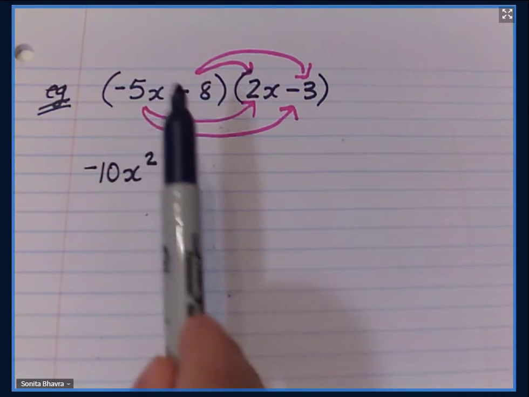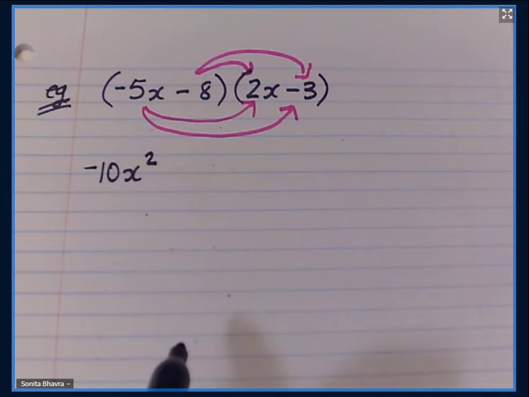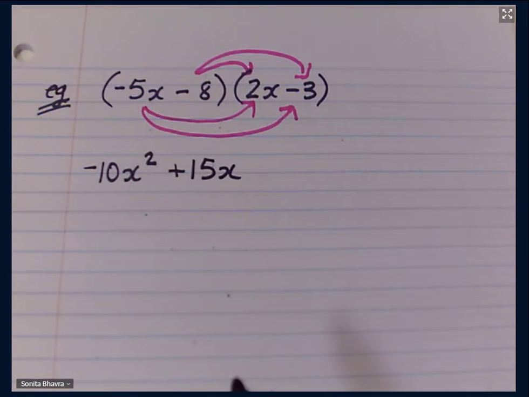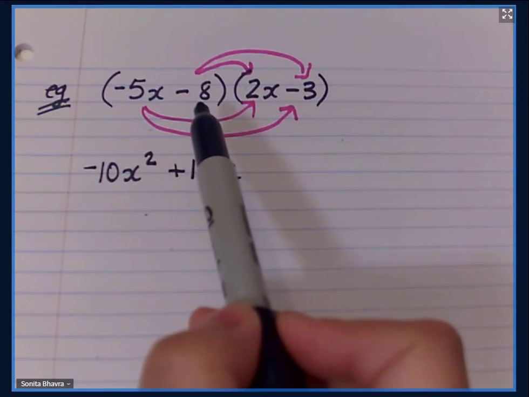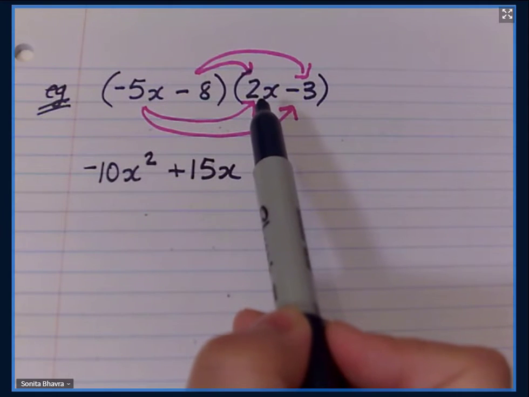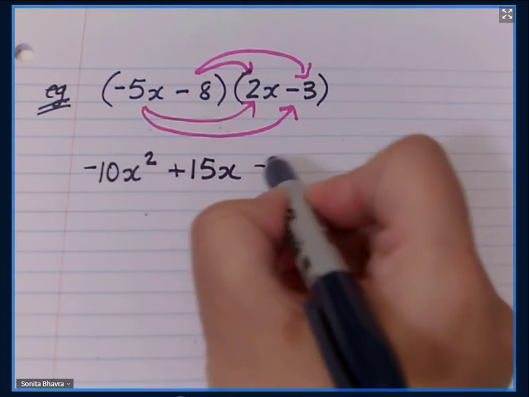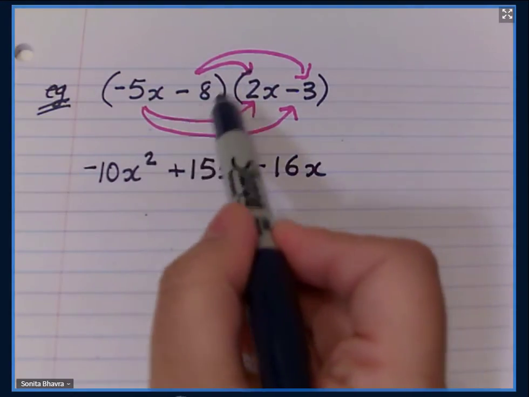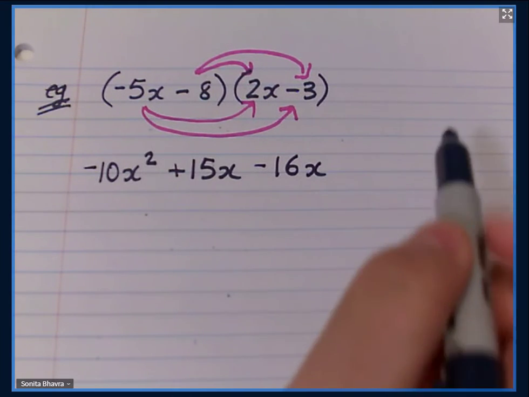Next is negative 5x times negative 3, that is plus 15x. All right, next we are doing the inside terms, the 2 inside. So negative 8 times 2x, that gives me negative 16x. And lastly, we have negative 8 times negative 3, which is plus 24.